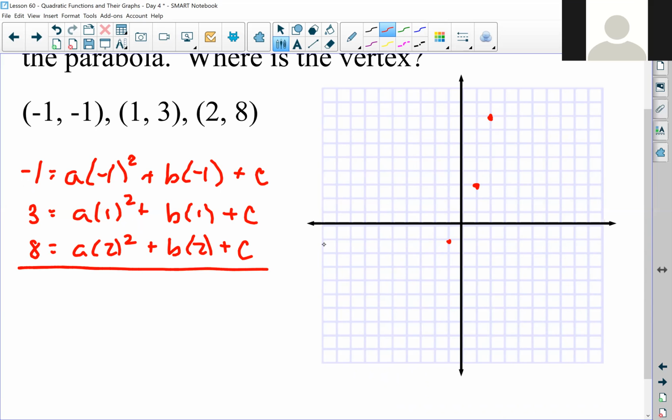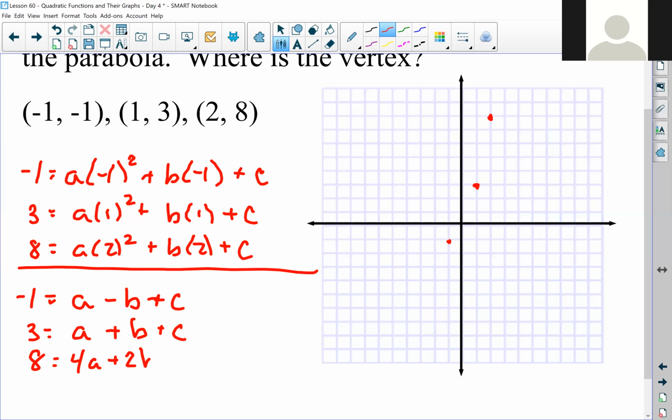I'm just going to draw a line to kind of separate my equations as I'm simplifying them. And let's see, 3 equals a plus b plus c, and 8 equals 4a plus 2b plus c.